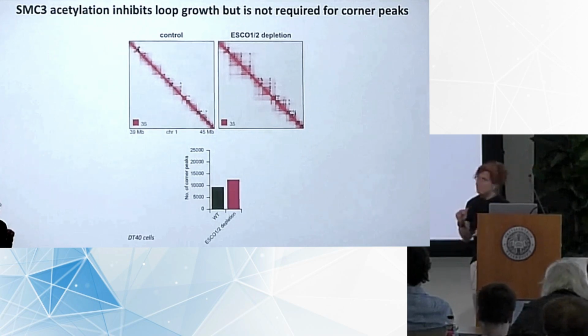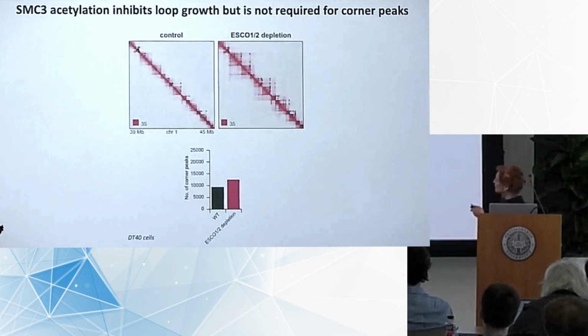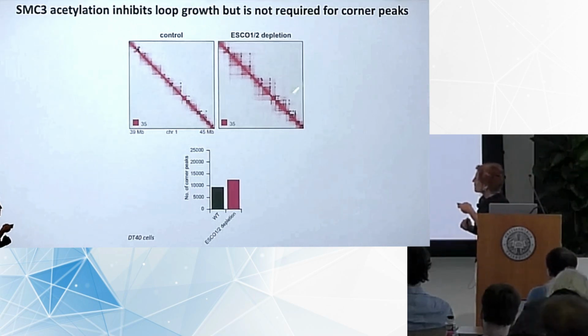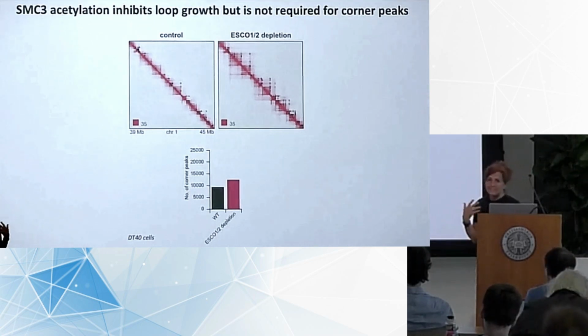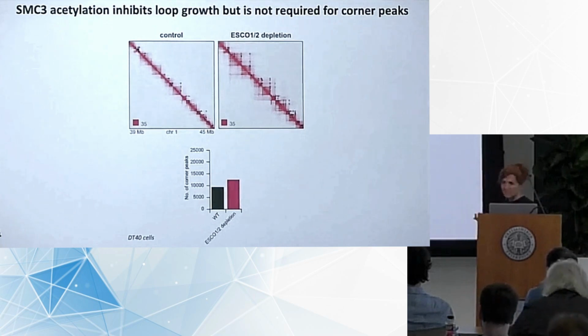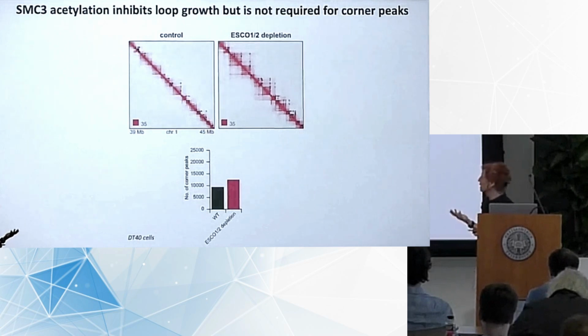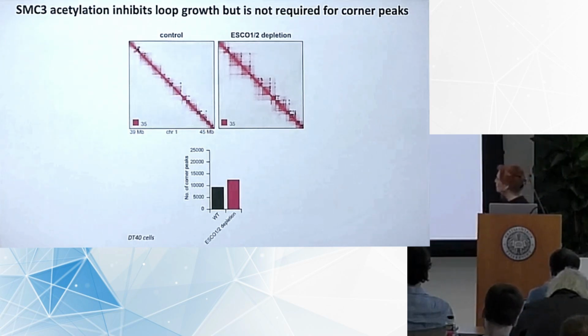And what you can see here is that upon ESCO1/2 depletion, interactions become longer. So that means that acetylation is indeed inhibiting loop extrusion, similarly to WAPL or PDS5.